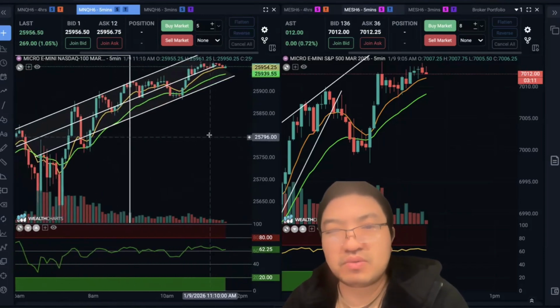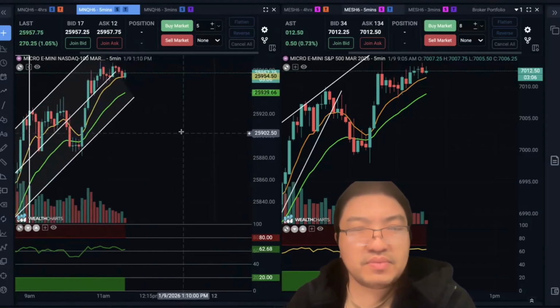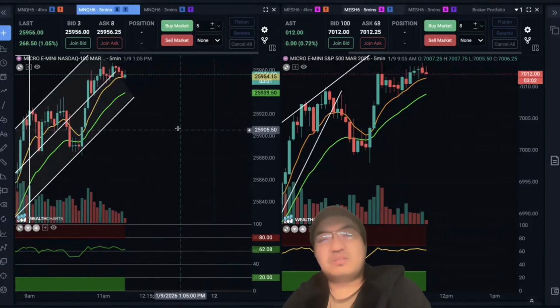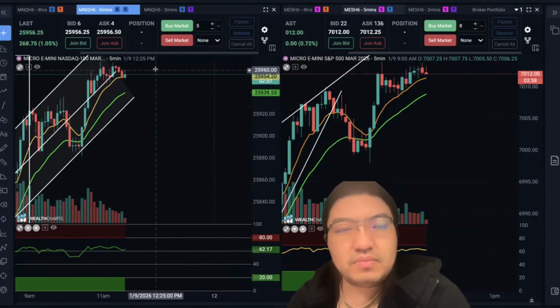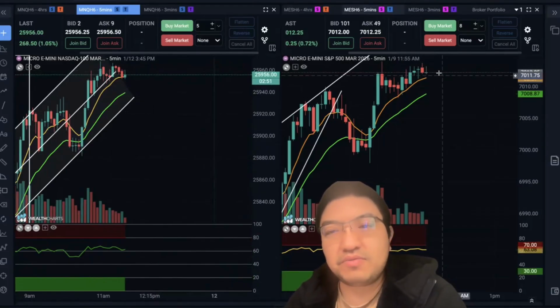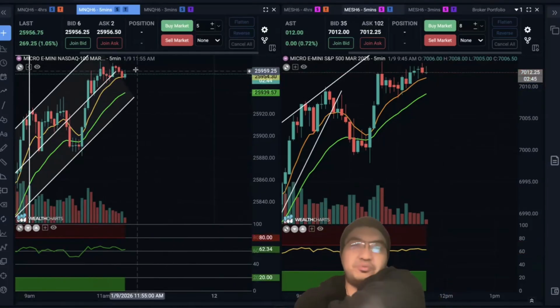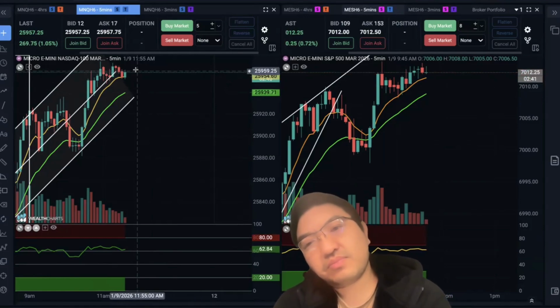It just wants to go down. Let's finish this one. There are 4 more minutes. But if ES closes underneath here and NQ is still sideways, then maybe we can go short for NQ. Let's see.